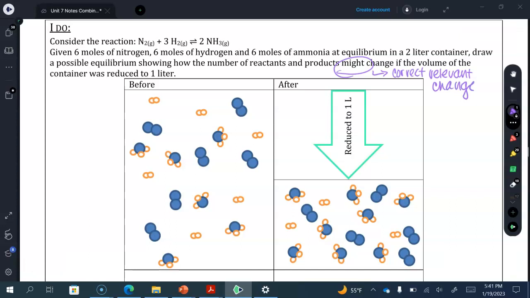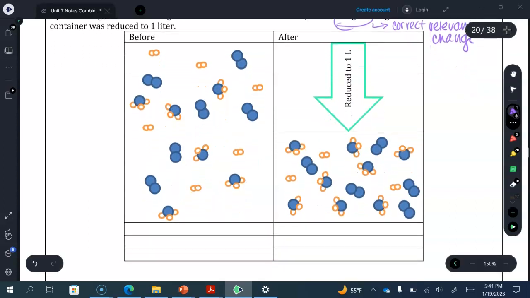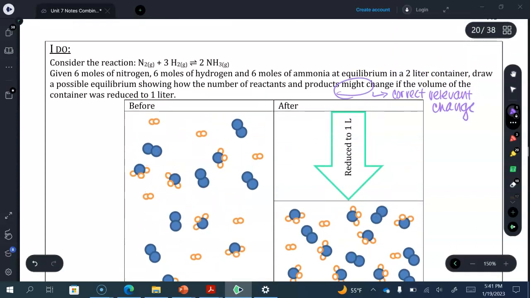So if we reduce the volume, what happens for gases is they are going to want to shift to the side with fewer moles of gas. So we see we have gas here and gas here.